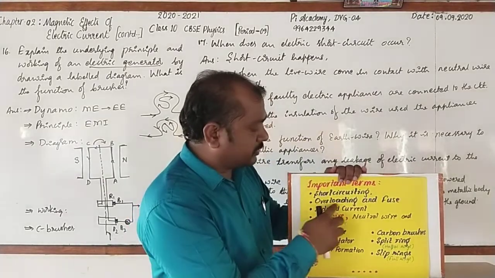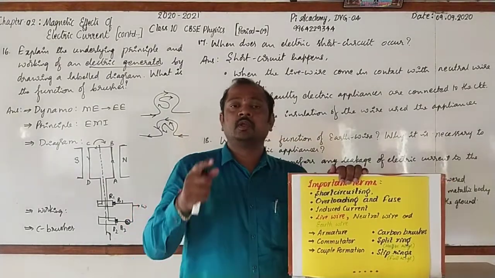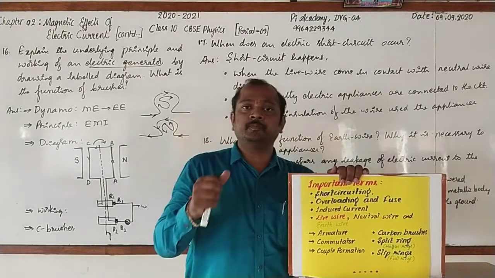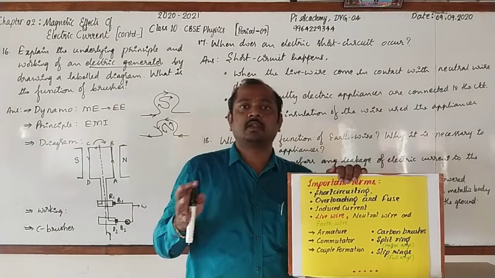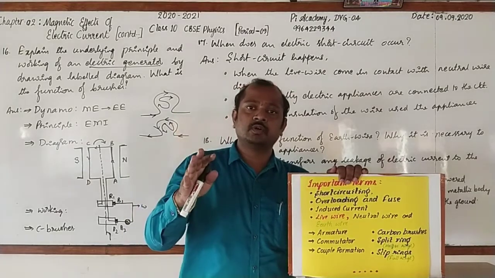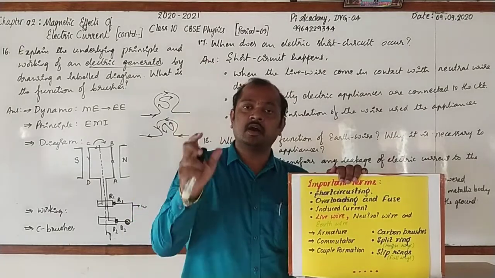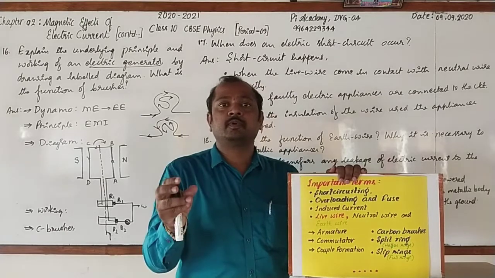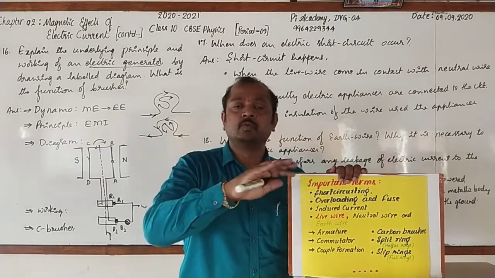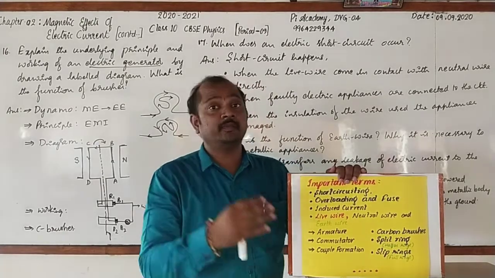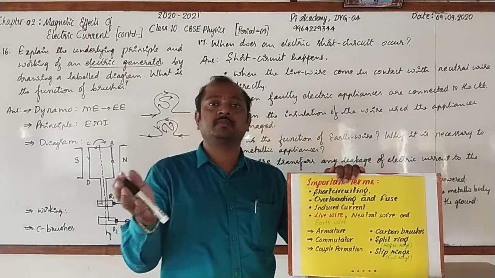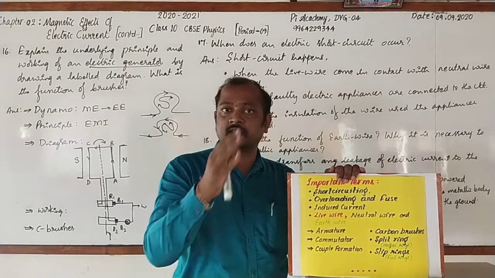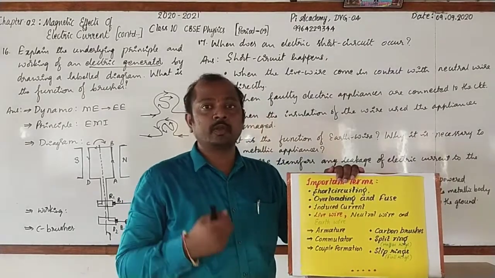Then another one is overloading. Dear students, we know that when a larger number of electrical appliances or items are used simultaneously, or when more plugs are used in one socket only, then it draws a large amount of electric current. Even it may affect the electrical appliances as well, and this is called overloading.